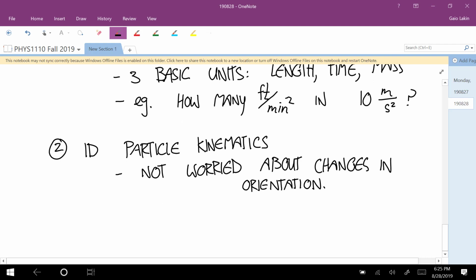The kinematics part is that we're only describing motion. So describe the motion without thinking about the causes of the motion. So no causes of motion are considered.